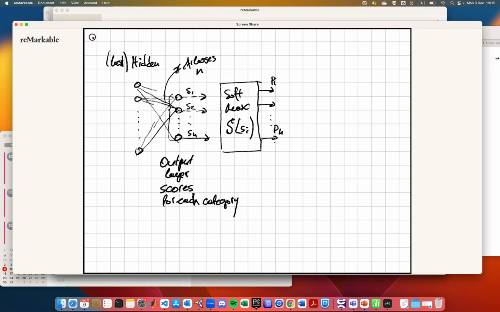And so this is our predictors, or values of probabilities.